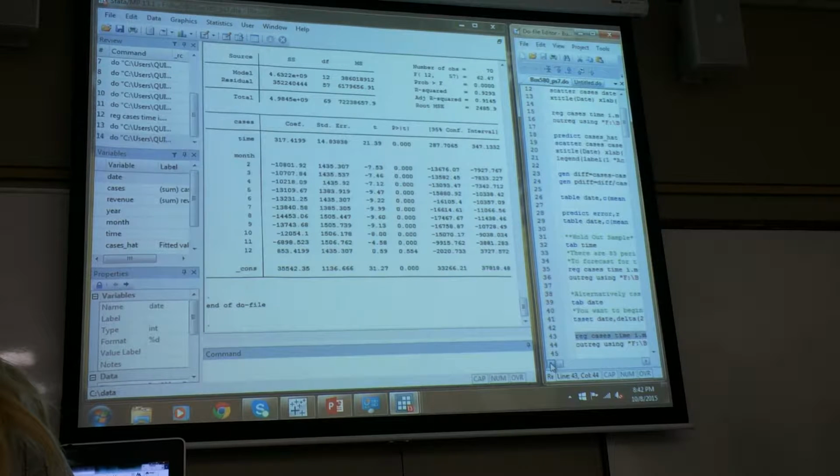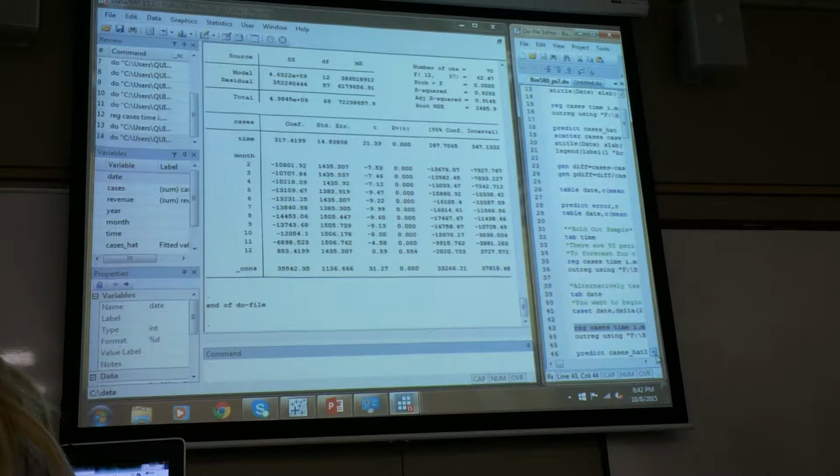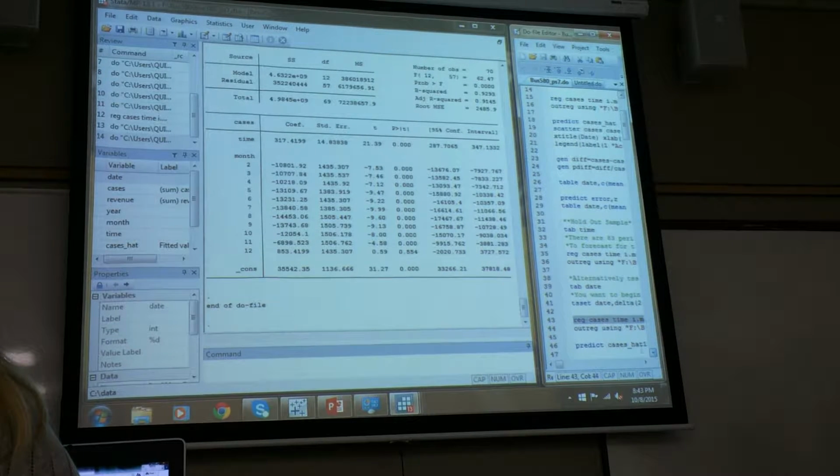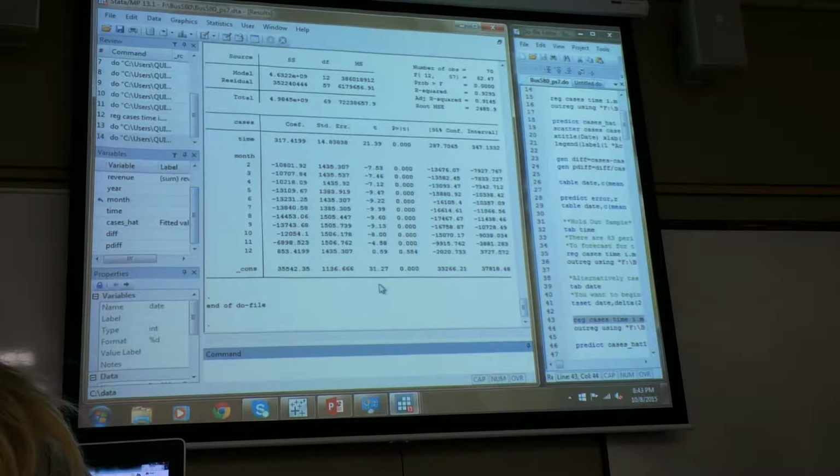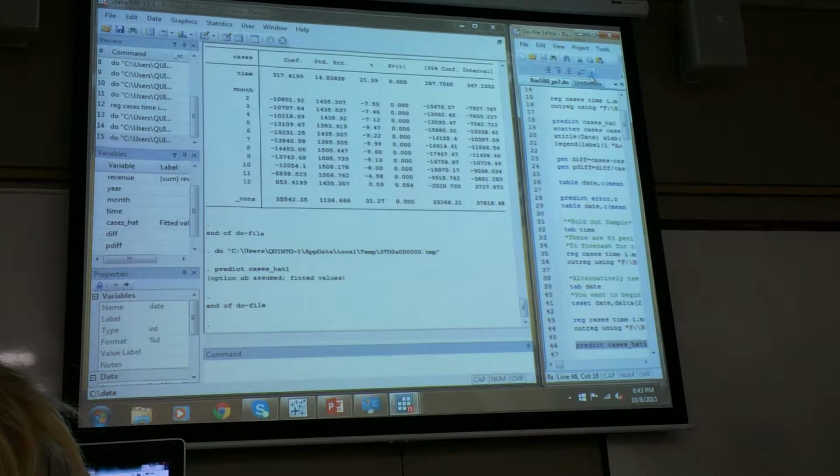All right, now let's see what I have here. Run my post regression command. I'm going to call it hat1.